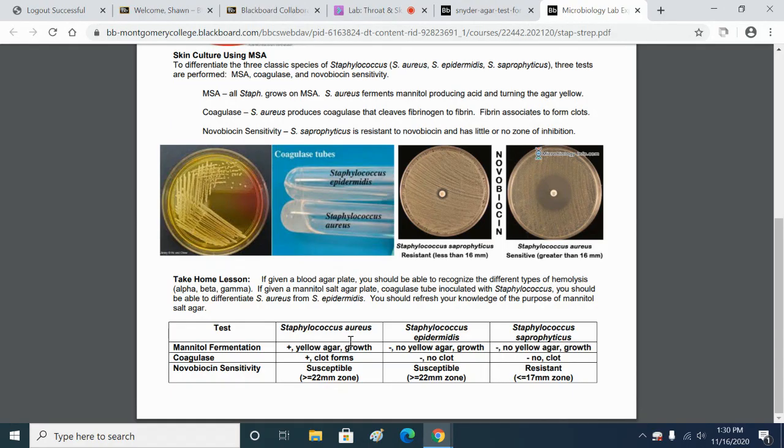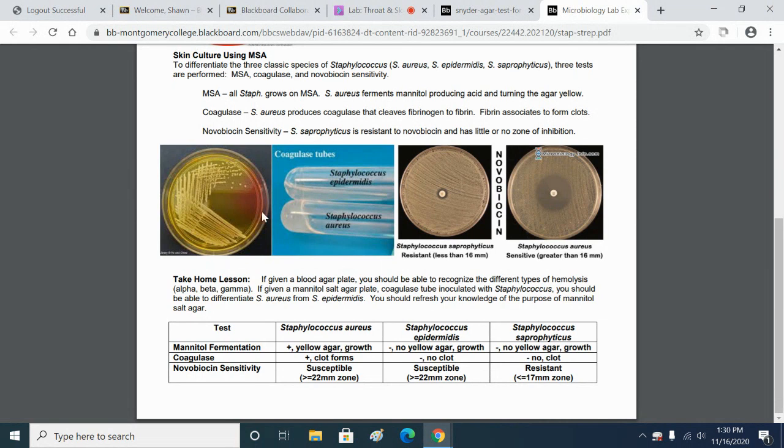For coagulase, remember we mentioned that enzyme in lecture. It does form clots, and some of you may recall from AMP that we all have fibrinogen in the bloodstream, and coagulase can start cutting and cleaving the fibrinogen into fibrin, which associates to form a clot.